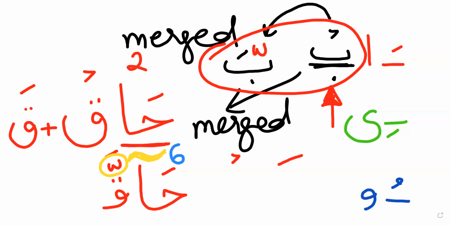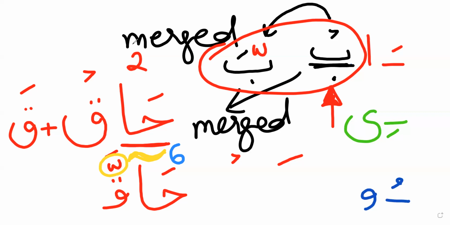So, one easy thing about today's lesson, I'm going to teach you 4 instances of mudud which are present because of the presence of sukoon, and all of them are going to be 6 count. All of them.